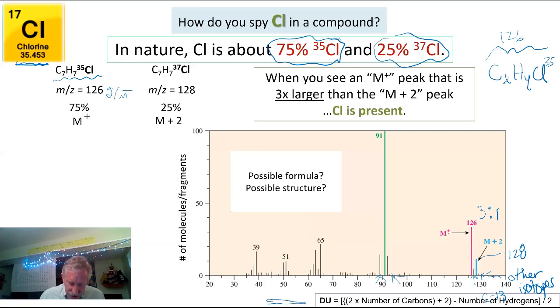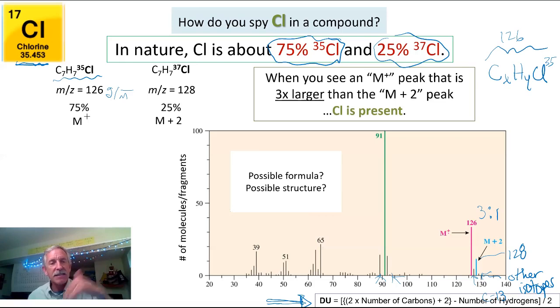Structure determination, when you have a formula, it'd be really great if you could go back to degrees of unsaturation and take this formula and figure out how many DUs have to be in your structure so that you don't start drawing out nothing but just alkane chains, because maybe there's a double bond, maybe there's a ring. How many DUs are there?